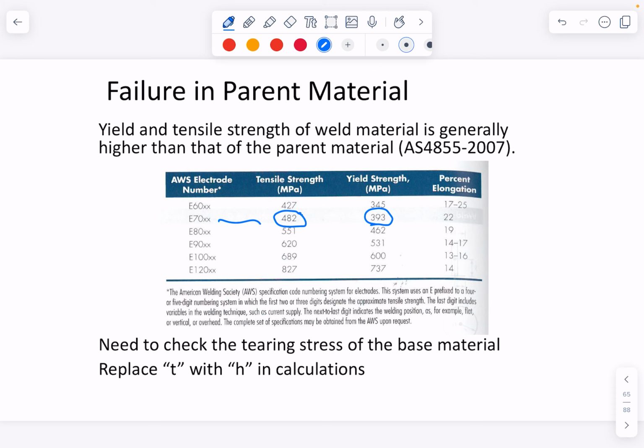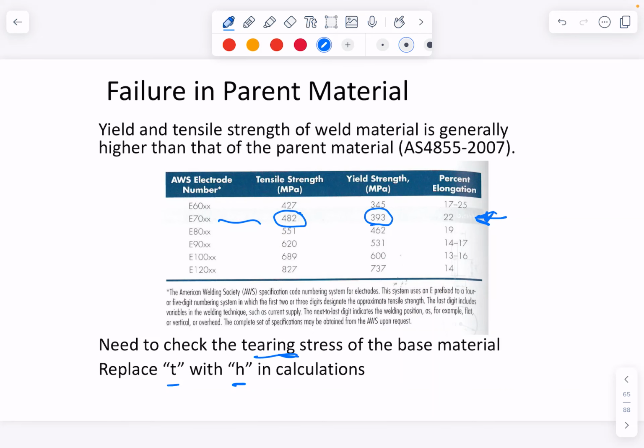So if you're welding a bit of 250 MPa yield mild steel, then clearly your E70 electrode or your weld is a lot stronger than the parent material, and so you may end up ripping the weld off the parent, not breaking the weld at all. So you need to check your tearing stresses, and there you're just going to replace T with H, right, to make sure your stresses are okay.